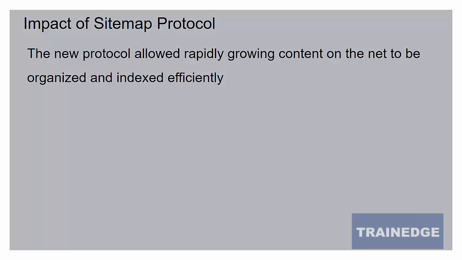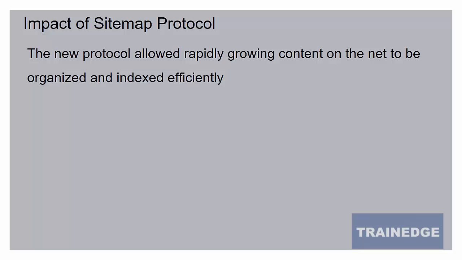Initially, sites were small. In the early days of the internet, sites were not big and there were not a whole lot of sites. But as the number of users and websites exploded, sites also started adding a lot of content because they started selling on the net. So everybody was trying to get customers, and one of the ways of getting customers is to have good informational content on your website.